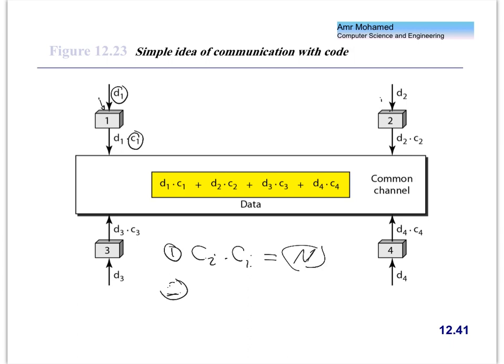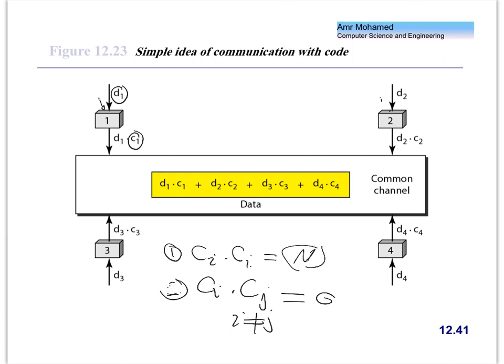Two, any 2 codes, Ci and Cj such that i is not equal to j, multiply to 0, which means that these codes are orthogonal to each other. It's like English and Chinese. They have no relationship whatsoever. So these codes are designed in this way.